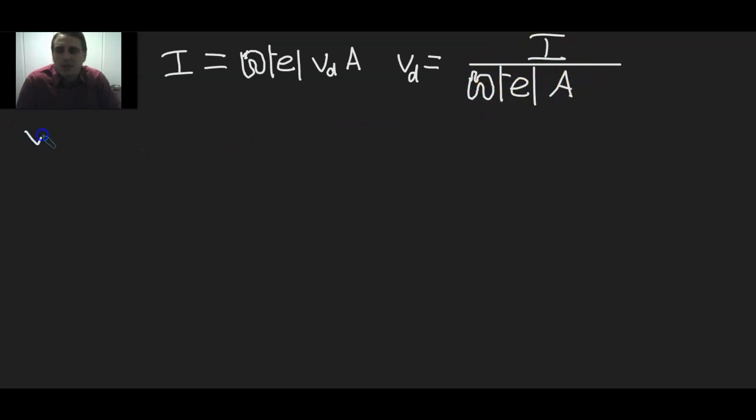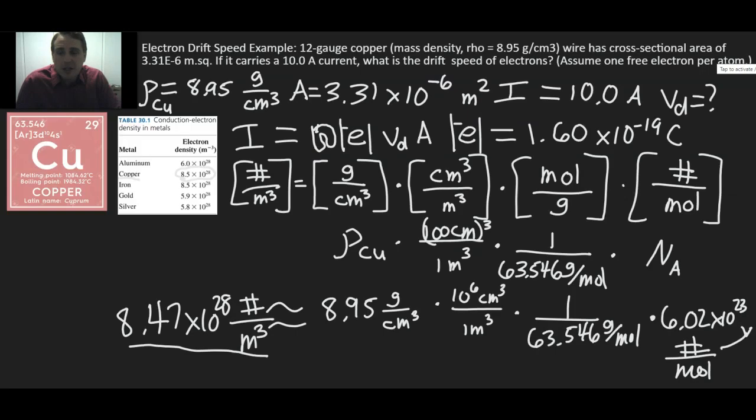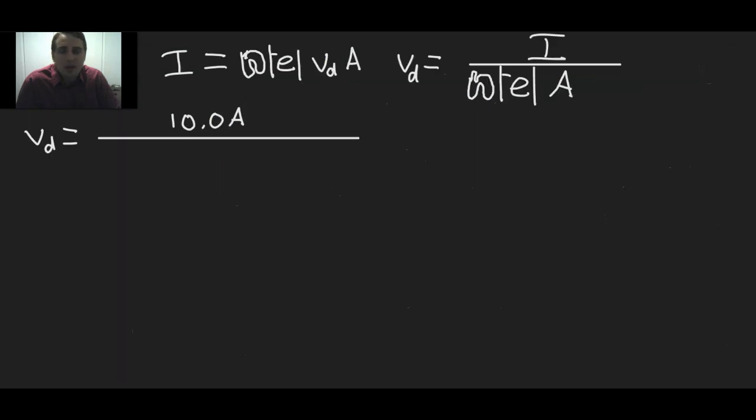So let's substitute in all the numbers. The electric current, I believe, on the previous page was 10.0 amperes. The electron density we calculated to be 8.47 times 10 to the 28th. You could also just use 8.5 times 10 to the 28th. So let's just do that: 8.5 times 10 to the 28th.